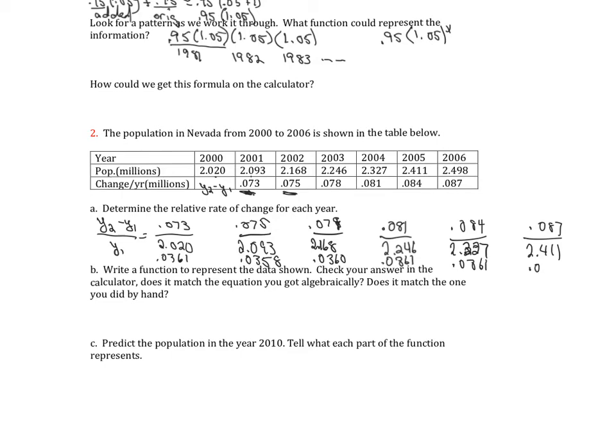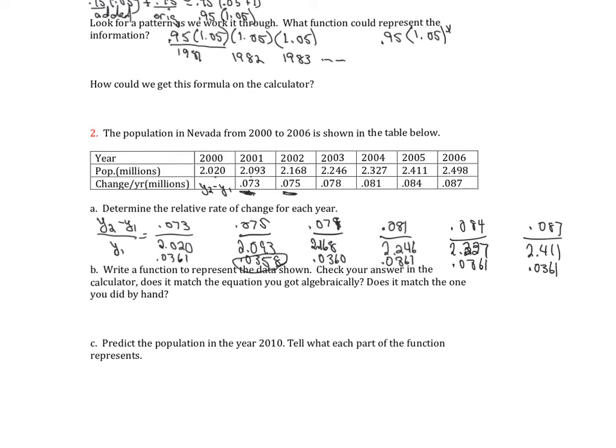And again, 0.0361. So notice that those values are very similar as we go along. What we want to do is find a place value that I could round all of those to so that they would be the same. The only one I have to worry about is this one. If I round that to the 3 decimal places, it would become 0.036. And I could have each one of those rounded to that amount.